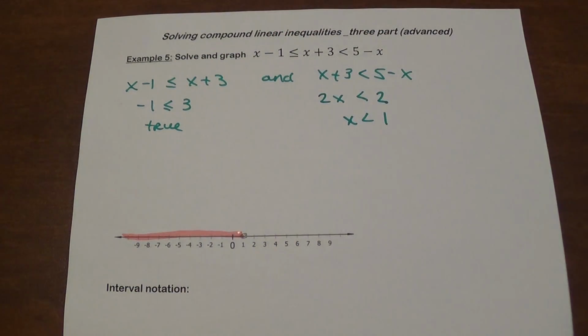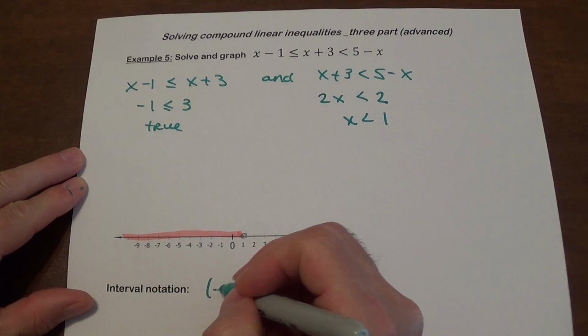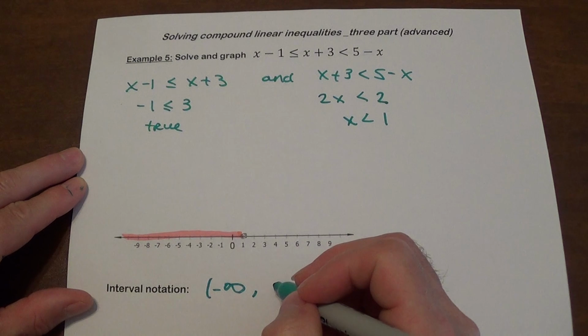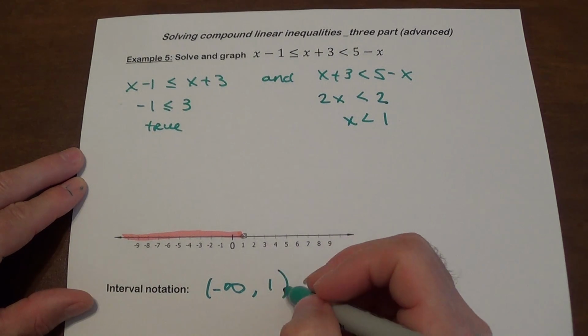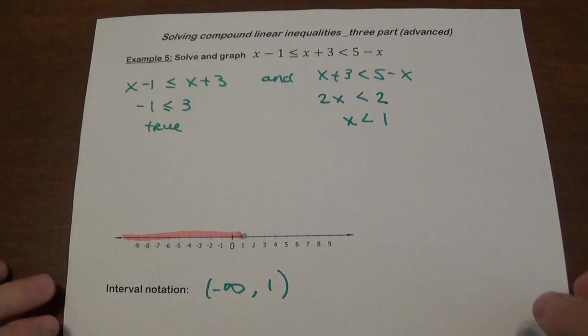And that's what it's going to look like. And with interval notation, we're going to go from negative infinity to 1 open. And I think we have one more problem left to do.